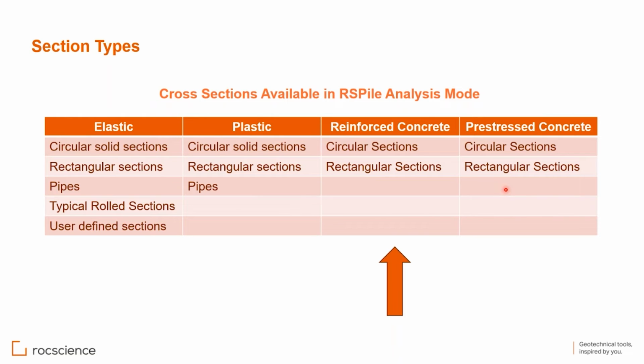As long as you're not diverging, the pre-stressed concrete is working fine, and you can check the stresses later. We are dealing today with the reinforced concrete sections. We have 2 types of reinforced concrete sections: circular sections and rectangular sections.